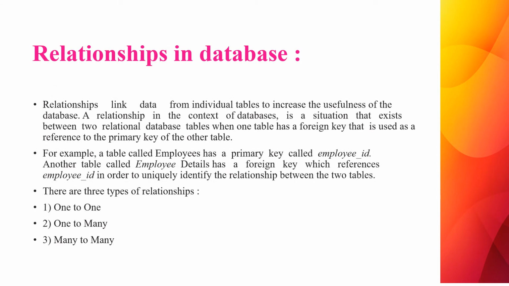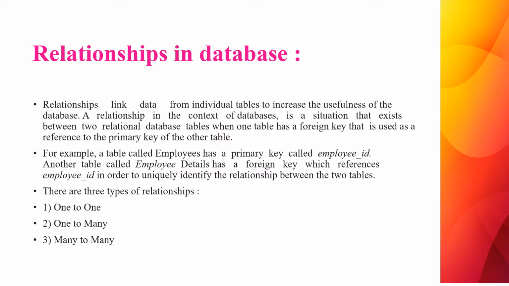Now, relationships in a database. When the tables are related to each other, it forms a relationship. A relationship in the context of databases is a situation that exists between two relational database tables when one table has a foreign key that is used as a reference to the primary key of another table.